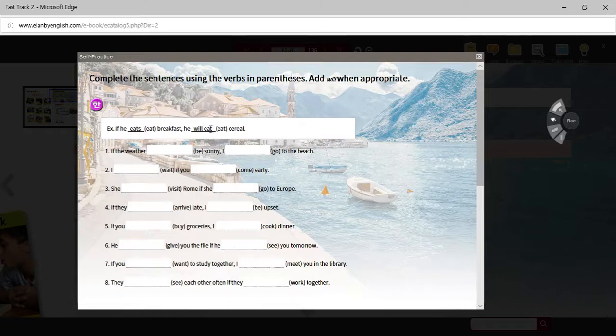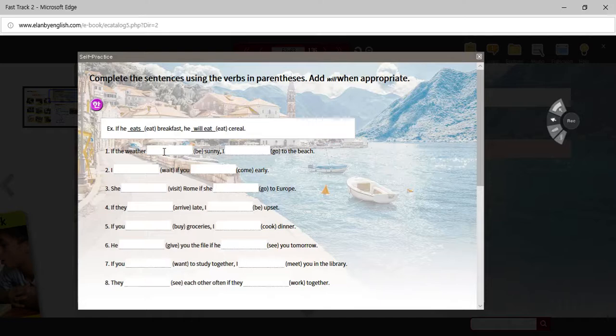Now, you've got different forms or different methods of writing these sentences. Sometimes it begins with the if clause, and sometimes they begin with the resulting clause, the consequence clause, I guess.